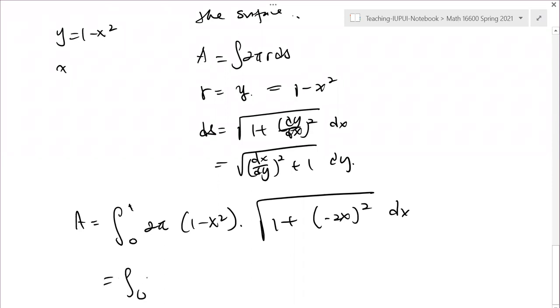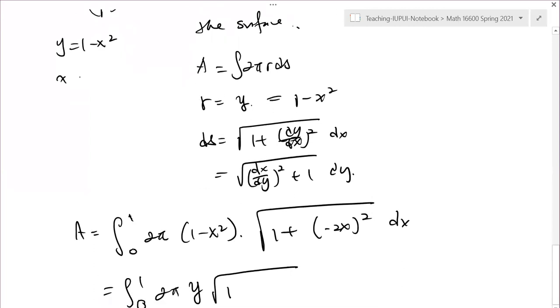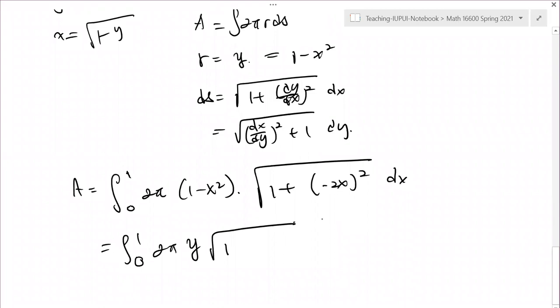If I use the y variable, the interval is still from 0 to 1, and this time the radius is y, so I don't need to change it to x. And then what is the derivative of x with respect to y? x is the square root of 1 minus y. So I have to differentiate.